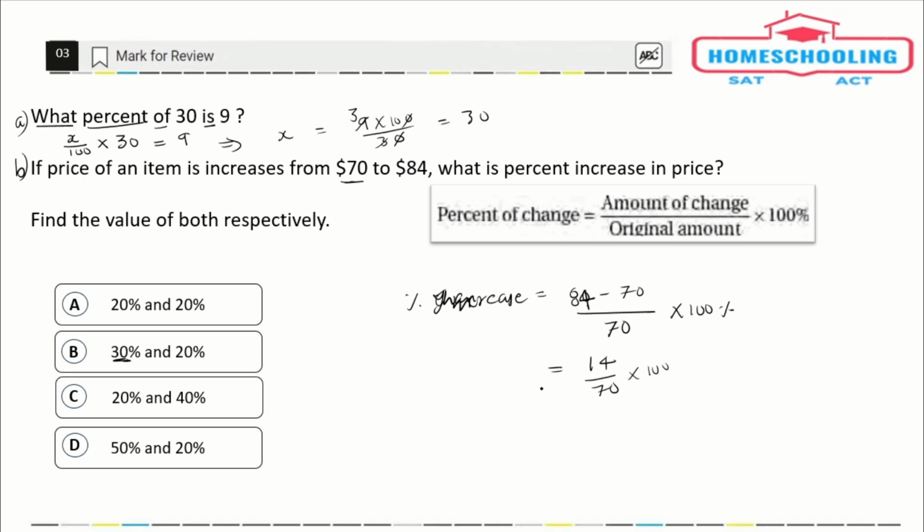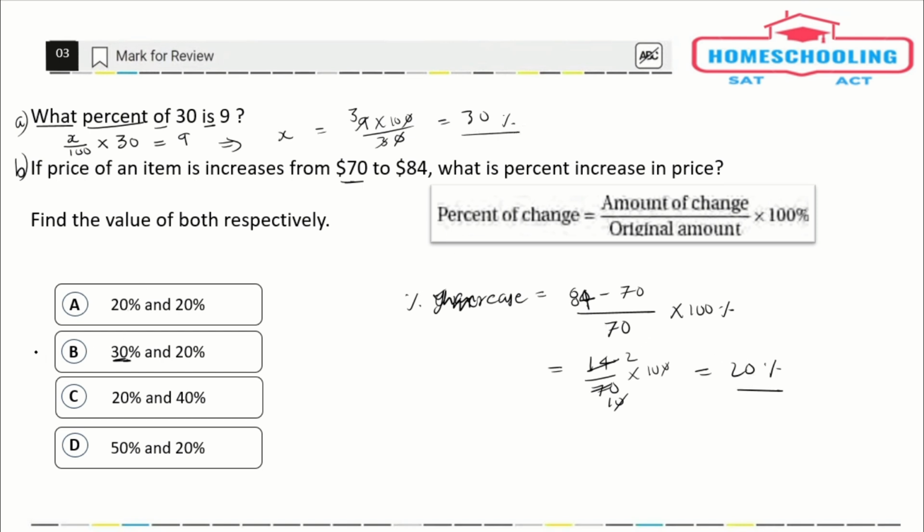So the answer would be how much? 10 times, and this is going to be 2 times. So this one would be 20%. So we have to find the value of both respectively. The first answer would be 30%, and the second would be 20%.